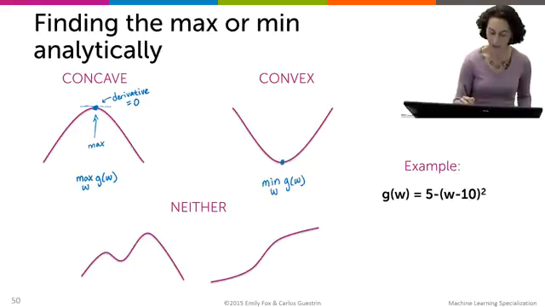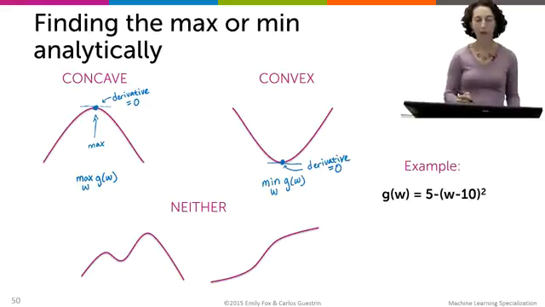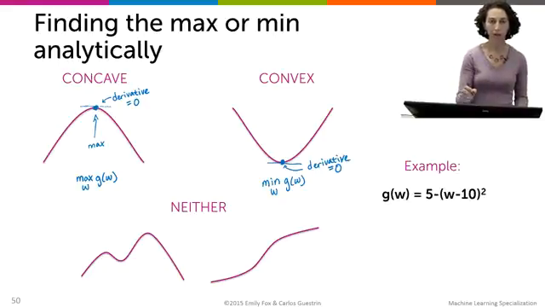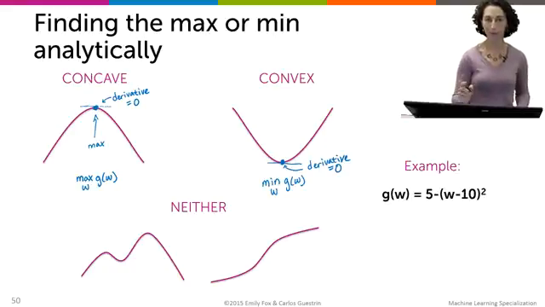Well, the minimum is clearly this point right here. And again, what's the property? Same thing, derivative equals 0. And note that for the concave and convex functions, there's only one place in which the derivative equals 0.